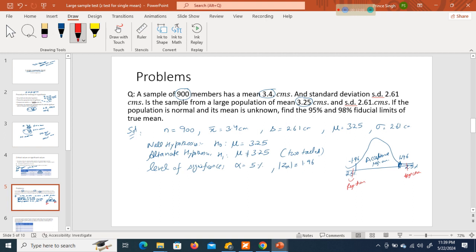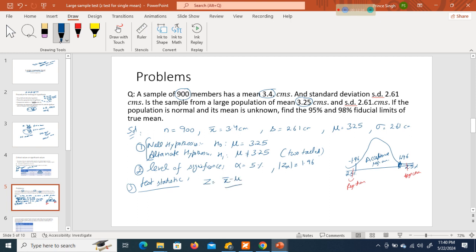Now the next step is to calculate the test statistic. So this is step number 1, we need to set up the null hypothesis. Step number 2, choose the level of significance. Third step is to calculate the test statistic. So what is Z? X bar minus mu, divided by sigma upon square root of n.